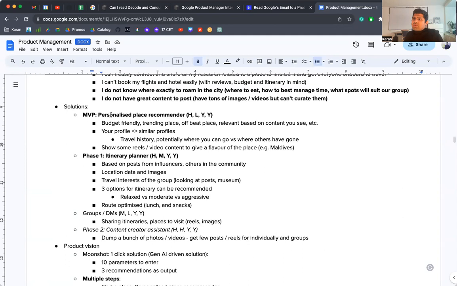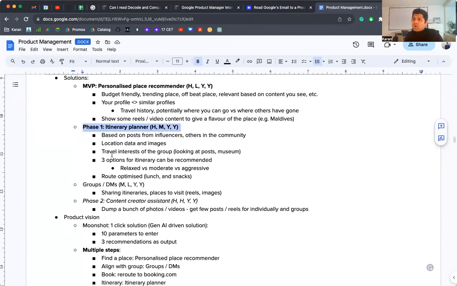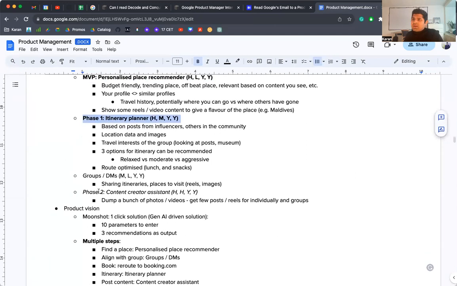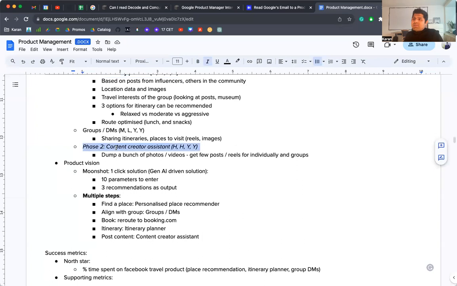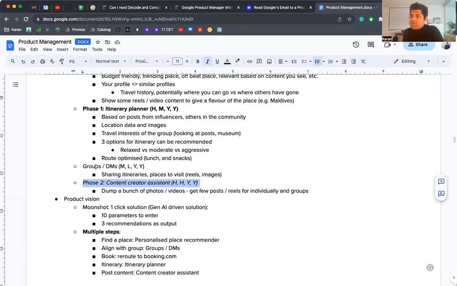We prioritized the first two solutions, personalization of place recommendation system and then itinerary planner, as the top two solutions. The content creator assistant will bring a boost in incremental engagement, and we expect that users will definitely post something, if not everything. So the incremental engagement might be higher in the first two solutions.